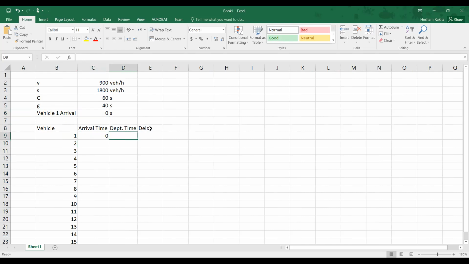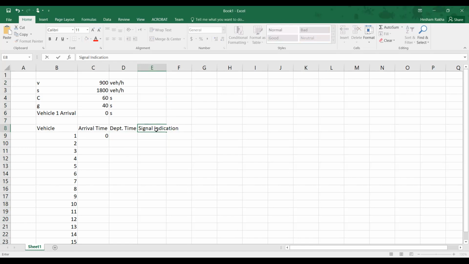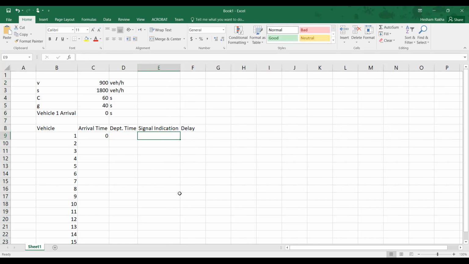So there are 2 ways we could do it. We could just compute the departure time, assuming that it is red. So let me insert a column, signal indication, which is what is being shown on the traffic signal.